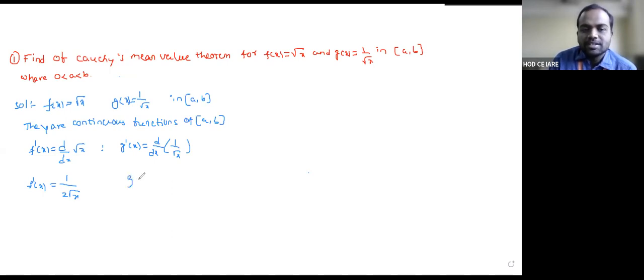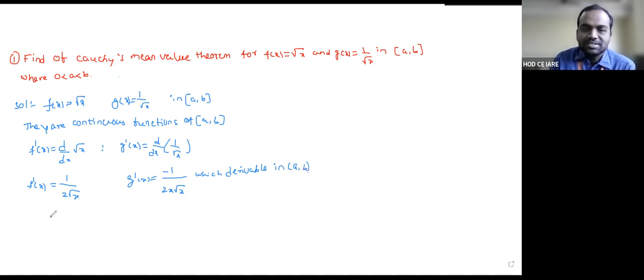That is g dash of x is equal to minus 1 by 2 into x root x. Sorry, x root x. They are derivable in the open interval of a comma b.